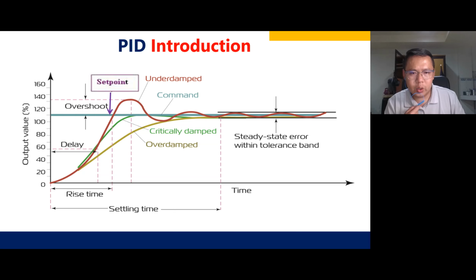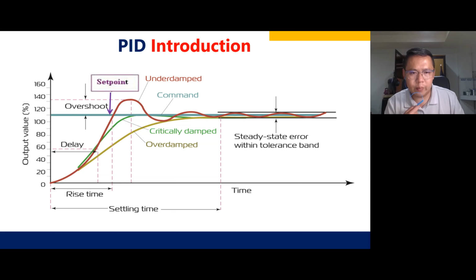Undershoot means when the process variable drops below the setpoint before stabilizing itself. This typically happens if the system response is too slow or the control actions are too mild.